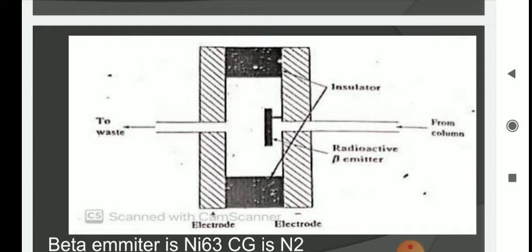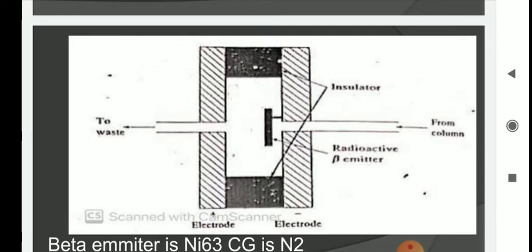Once the analyte components come into the detector, if that analyte component from the column has an electronegative element like chlorine or any other electronegative element, it will start attracting the electrons which are there in the chamber. As a result, the quantity of electrons will decrease.